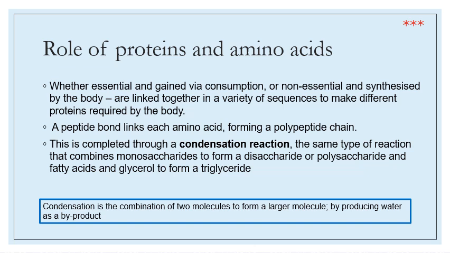When we look at a lot of these macronutrients, they're built from smaller units into larger units through a process called condensation reaction. If you are in chemistry, you'll understand a bit more about the process, but condensation is the combination of two molecules together to form one larger molecule by producing water as its byproduct.